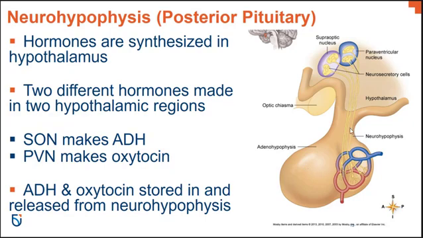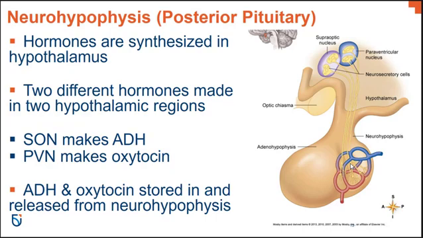So let me reword this to say that the neurosecretory cells have their cell body located within the hypothalamus, and the axons, instead of stopping here, project all the way down into the posterior pituitary gland.